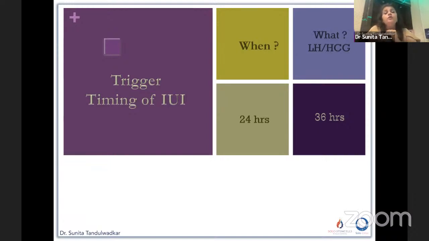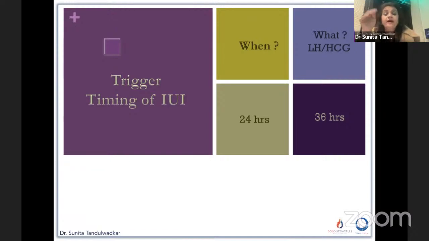So what I do in my center, second important thing, is that in IUI, when you wash the semen sample, the capacitation of the sperm happens, and the sperm has a capacity to fertilize only for 4 hours. So even if I adjust the timing of the trigger and want to give it at 10 p.m. in the night, and 36 hours is 10 a.m. on Wednesday, fine, my lab is open, the patient can come.